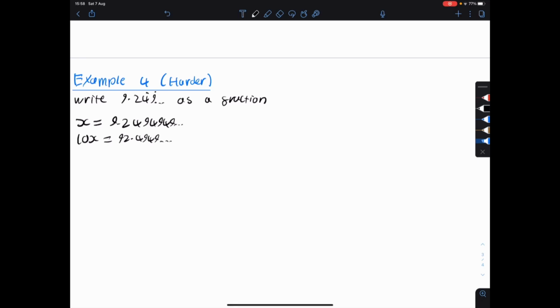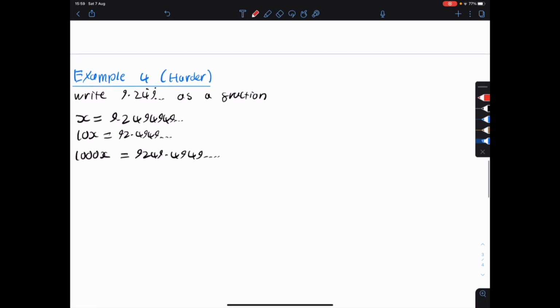And now we need to find a way to match up some decimals so we can cancel out this 49 reoccurring. And how we do this in this case is we times this x equation here by 1000. And we get 1000x equals 249.4949 reoccurring.